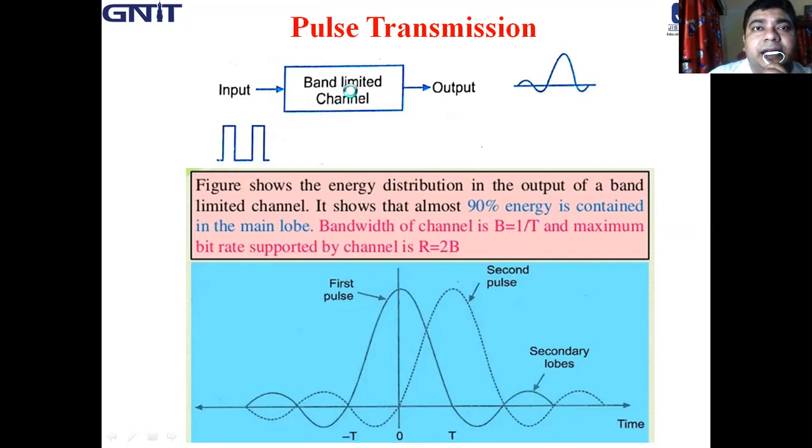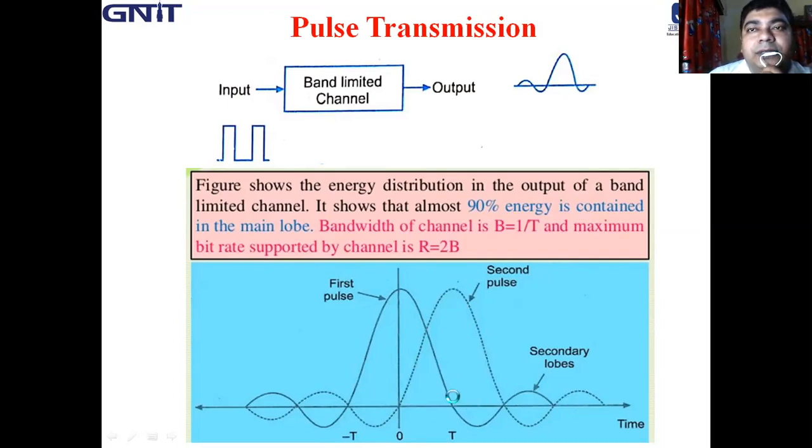Here in this figure, the figure depicts the output of a band limited channel when a narrow square pulse is applied at the input. This figure shows that the band limited channel tends to spread the narrow pulses. This produces secondary lobes as shown in the figure.